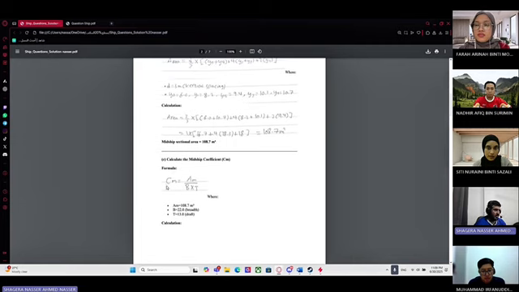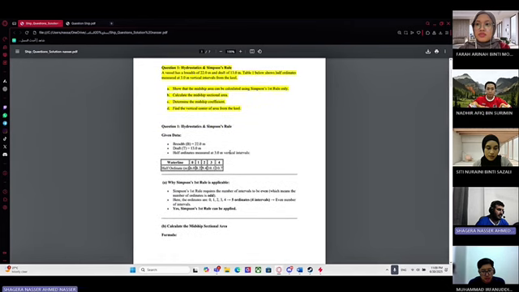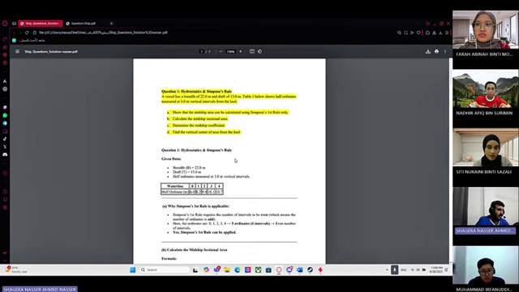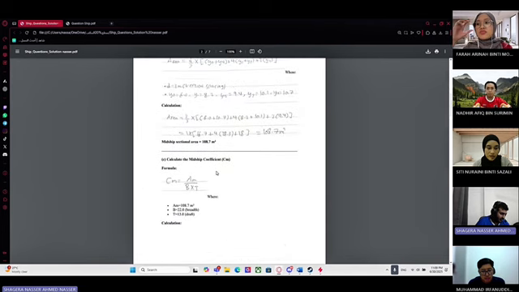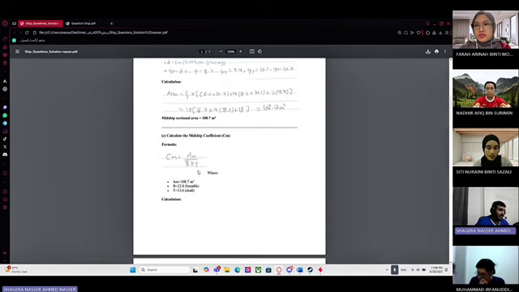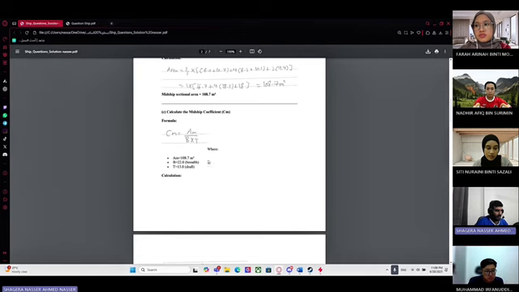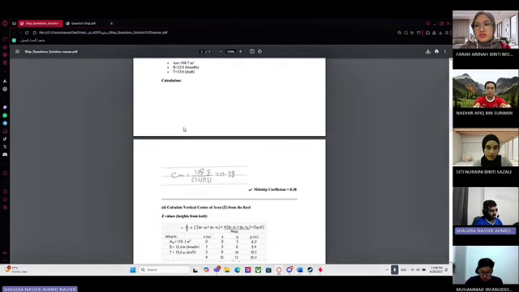This is the formula: Cm equals Am over B times T. Am we have from the previous answer, the area, 108.7, and B and T are already given in the main question. We directly solve the formula and get the final answer, 0.38.